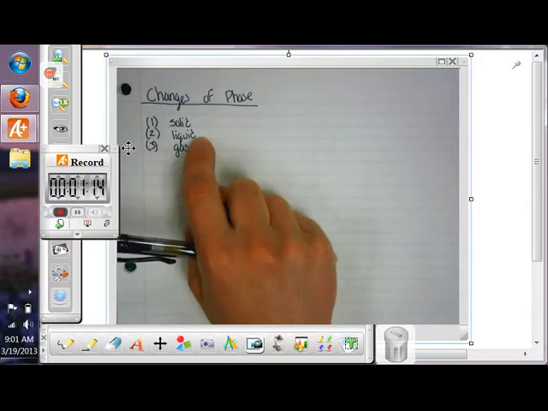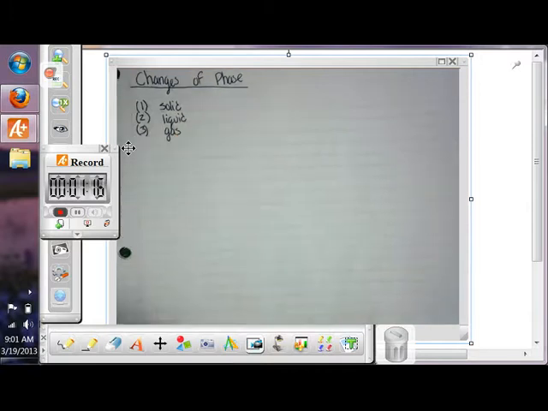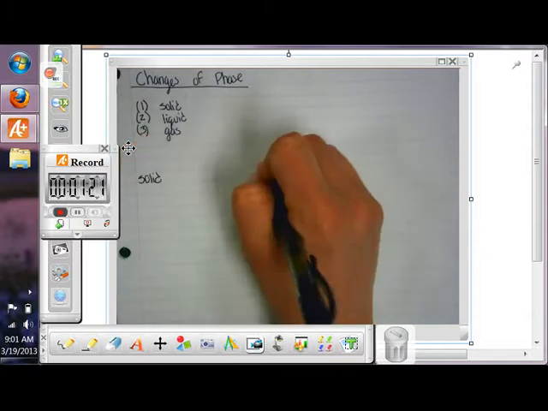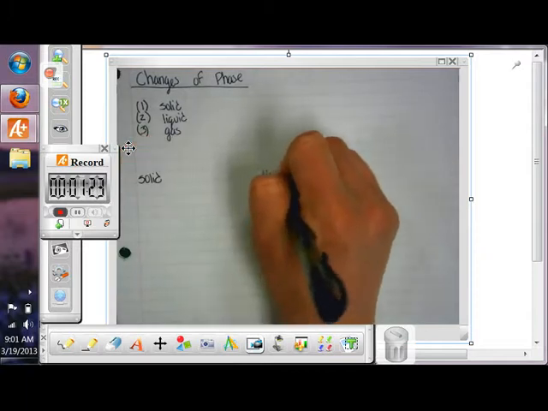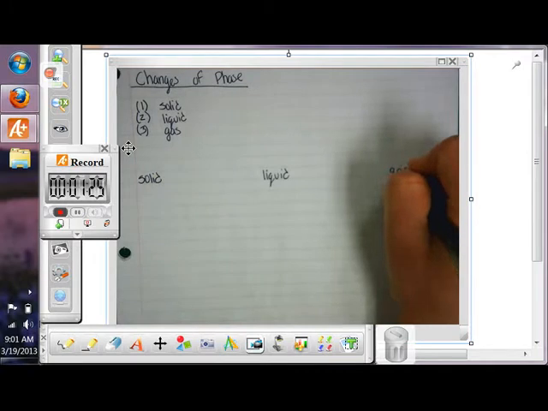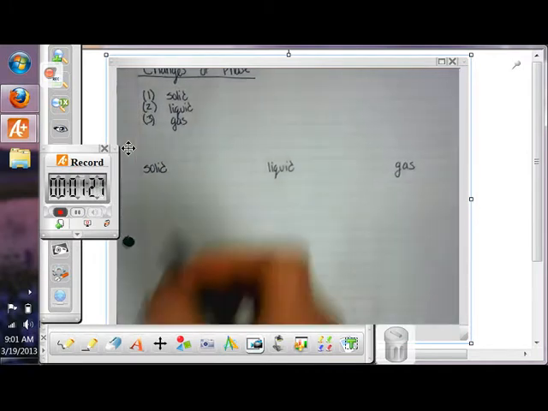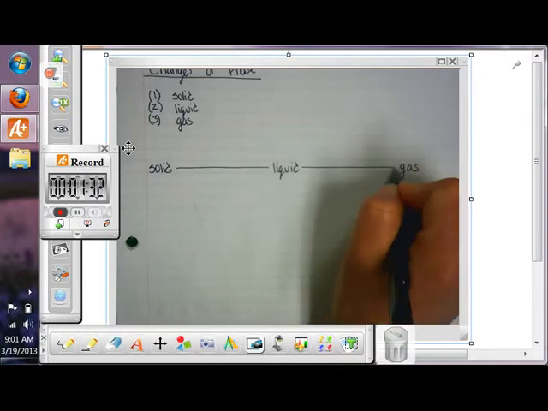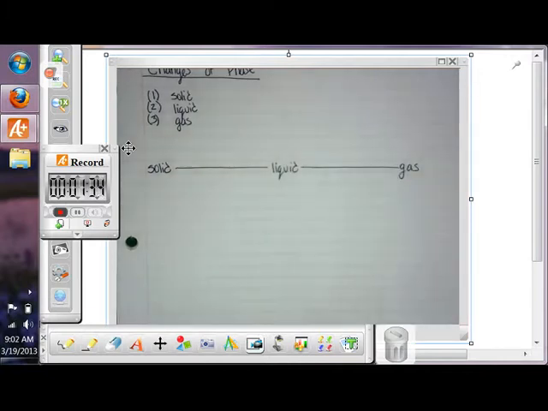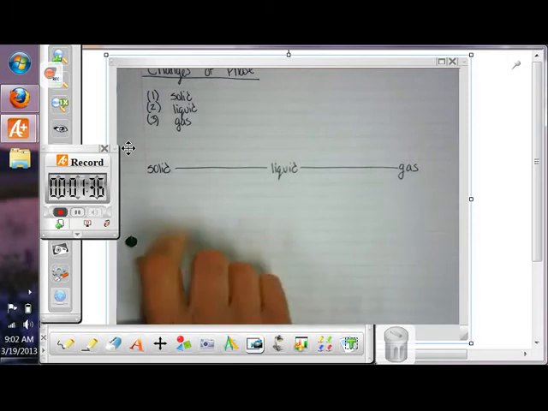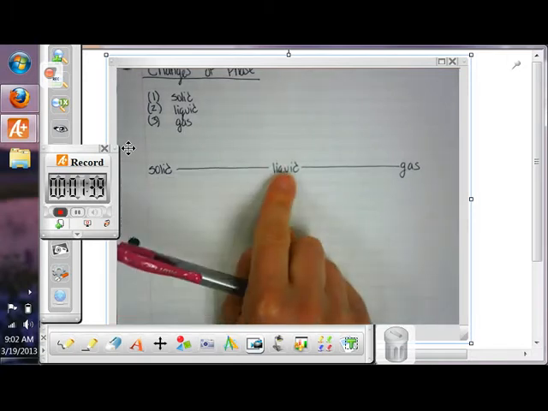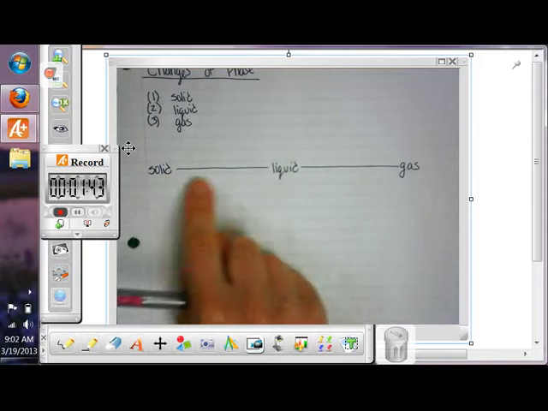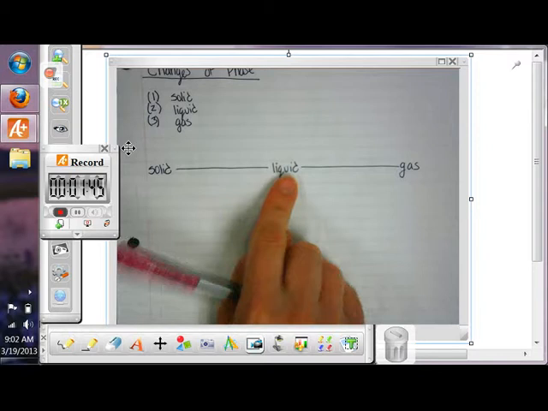Now I'm going to go ahead and write solid, and then I'm going to write liquid in the middle, and then I'm going to write gas towards the end of the page. And I'm going to draw a line between solid and liquid, and a line between liquid and gas. Now, when you go from a solid to a liquid, for example, when solid ice changes to liquid water, that is called fusion.